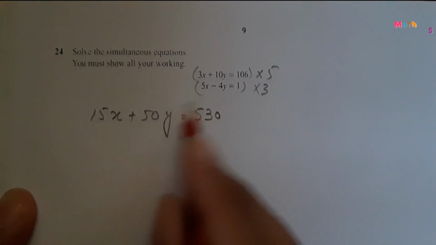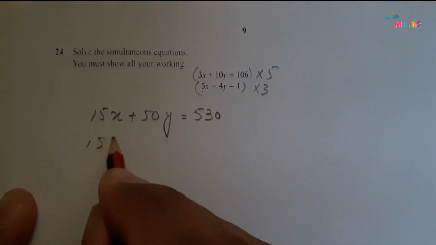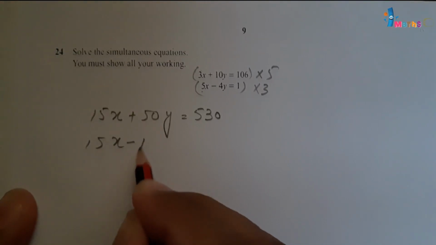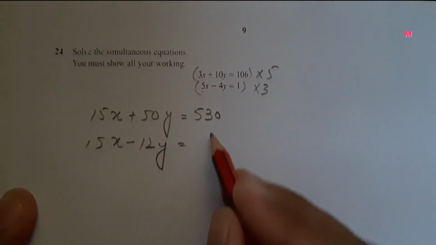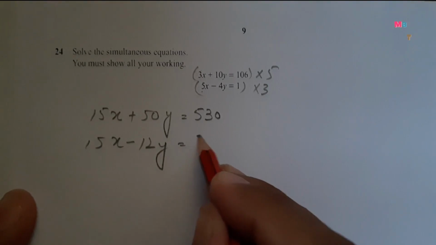And the second equation, 5 into 3 will be 15x, minus 12y is equal to 3. 3 ones are 3.